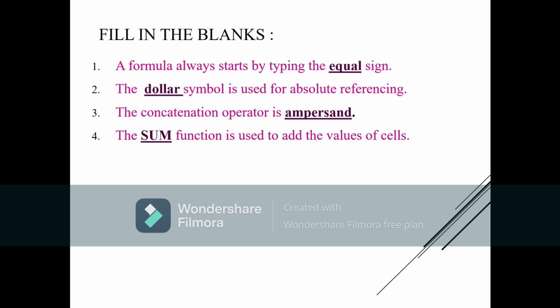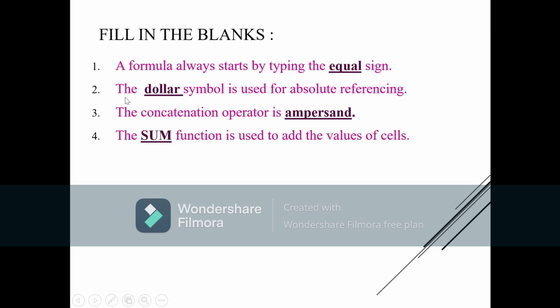When you type the formula in the Excel cell, where and when do we have to start? After typing A1 or A2 as your input, just select the output cell and type the formula by starting with the equal sign.